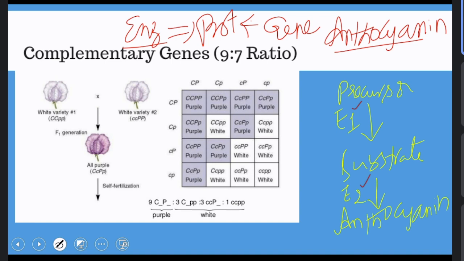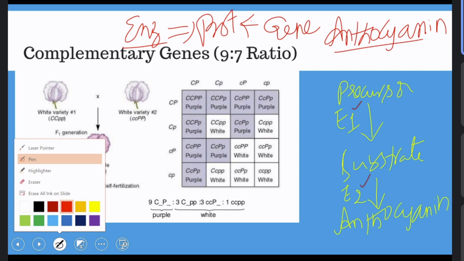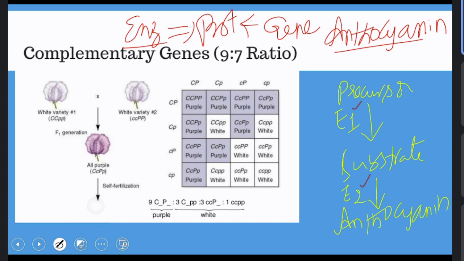That means genes code for proteins. So in this example, there are two genes, capital C and capital P, that means two dominant genes. The dominant gene C produces E1 enzyme. Dominant gene P produces E2 enzyme.